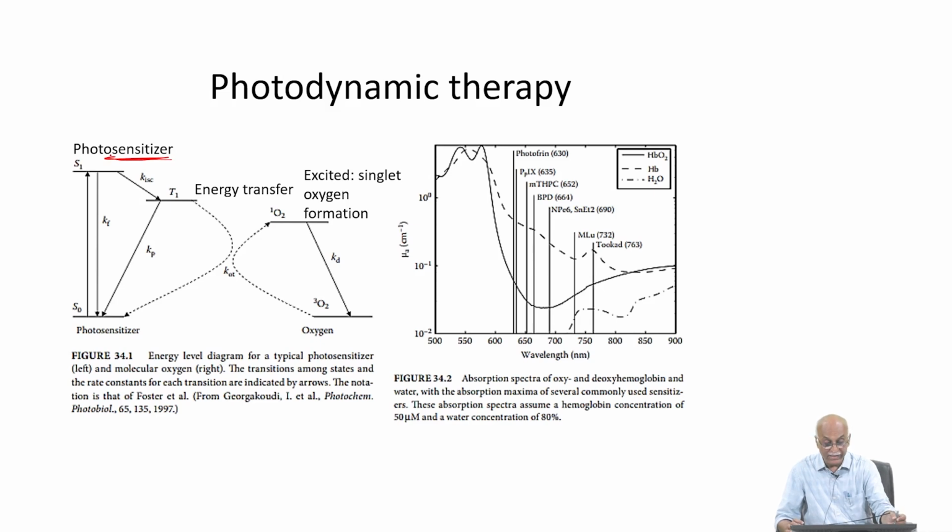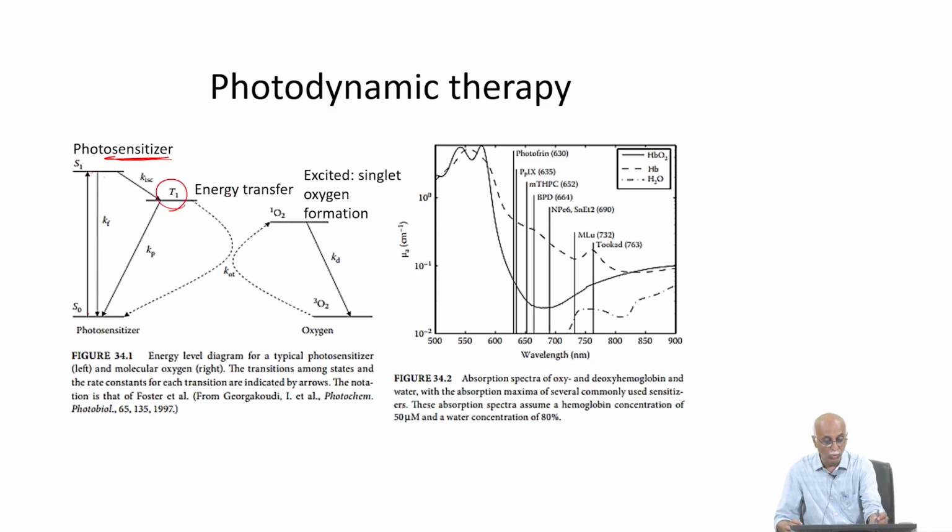When light interacts with the drug molecules, the drug absorbs this 660 nanometer light, goes to its excited level, and then transitions to level T1.